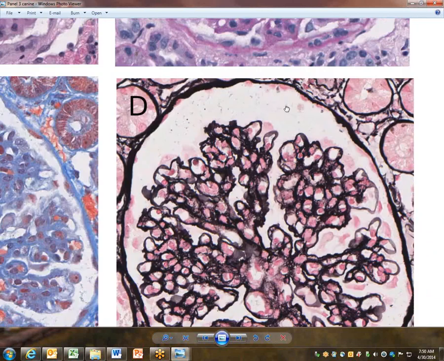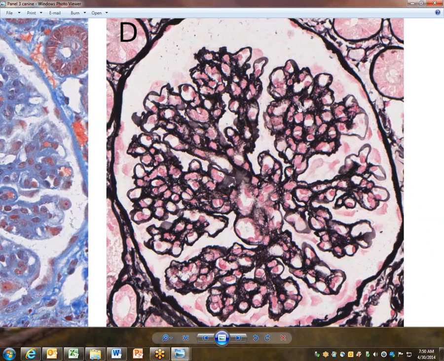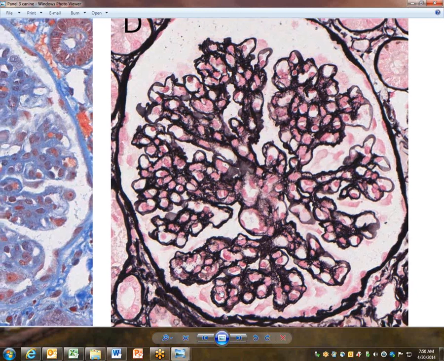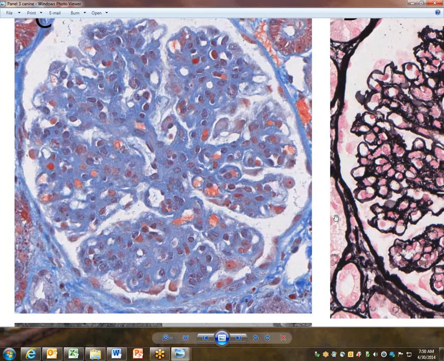So although they're not all obliterated by the cellularity, a great amount of the hypercellularity is actually within the lumen of the capillaries. All right? Okay, great.